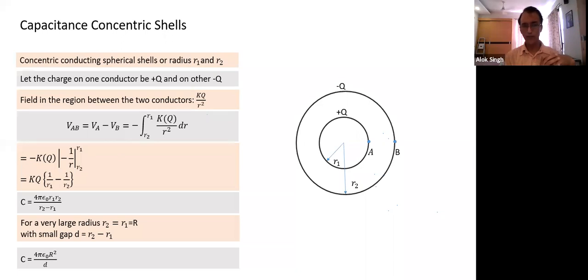So if we take a limiting case, very large radius and small separation, this expression comes very similar to what we had in the case of large parallel plates. Large parallel plates bent into a slightly curved shape, the capacitance remains the same. If we bend large plates in the form of a curved shape, concentric parts of the shell, what would be its capacitance? Still it will remain A epsilon naught by D.